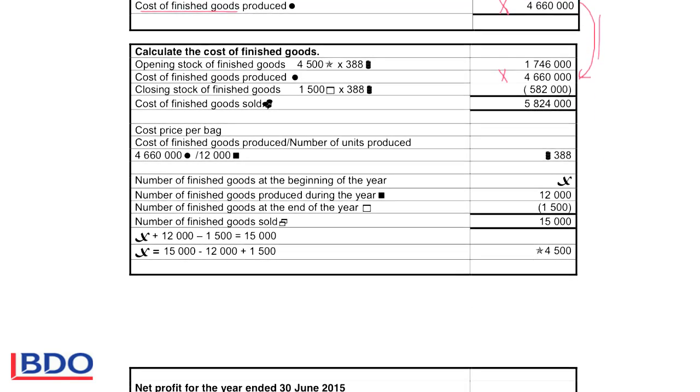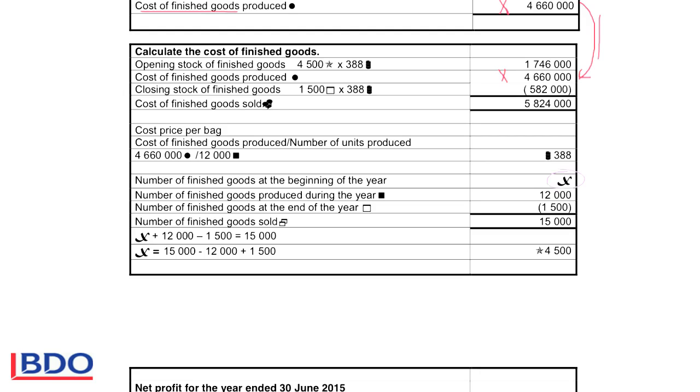Okay, so if we look at this information here, it means that if I want to know how many goods we produced this year, I have to take the number of finished goods at the beginning of the year. This figure was not given to me, so this is my unknown figure. Then the number of finished goods produced during the year.